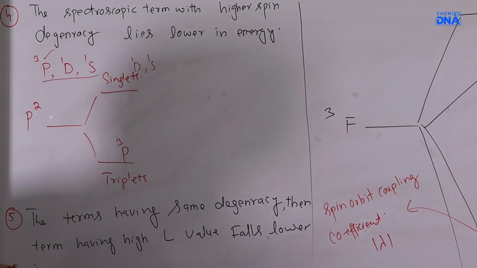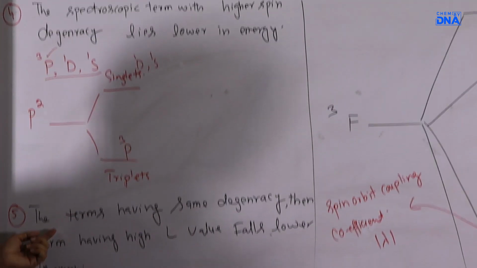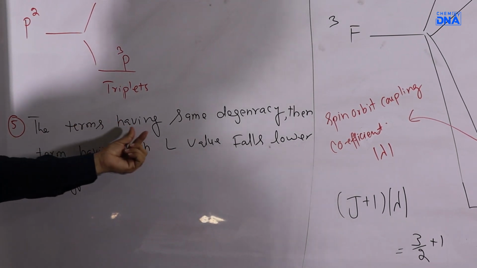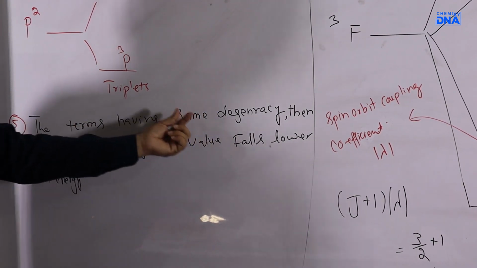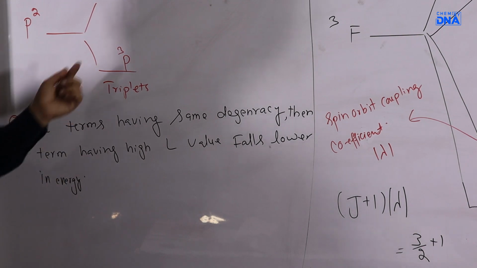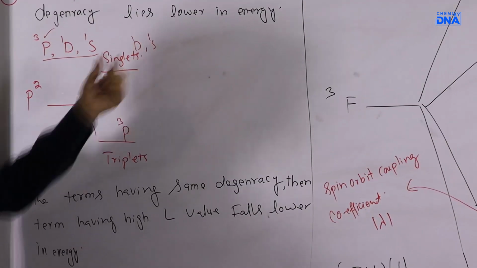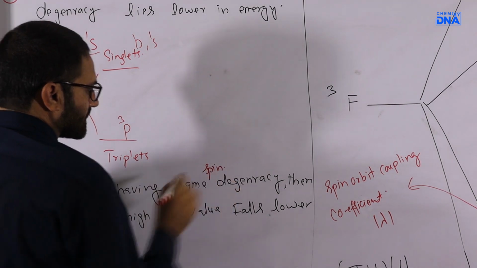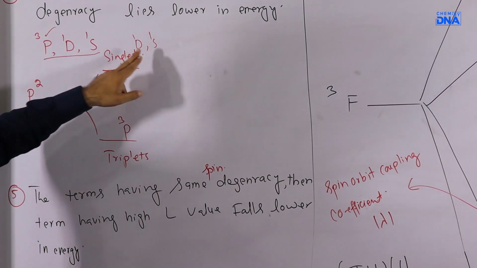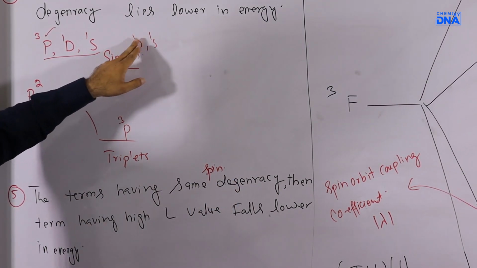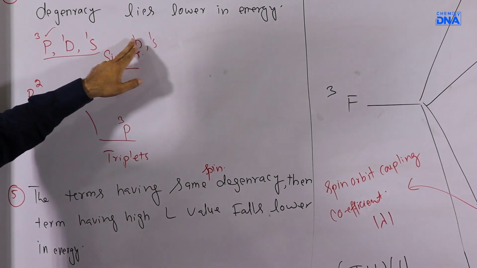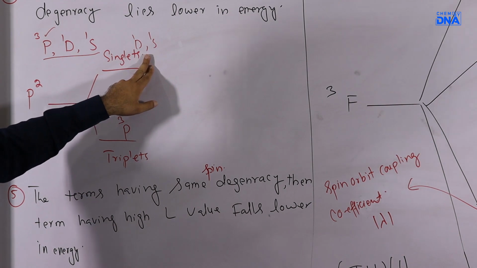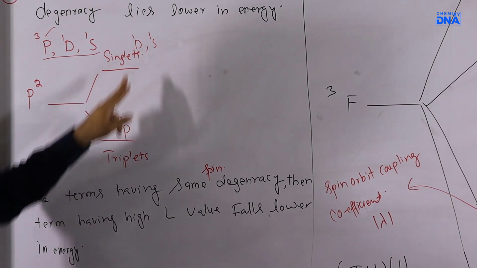for the electronic configuration energy relationship with respect to magnetic values, the terms having the same spin degeneracy. These two singlets have the same spin degeneracies, that is D singlet and S singlet. In this case, how will we decide about their energy?